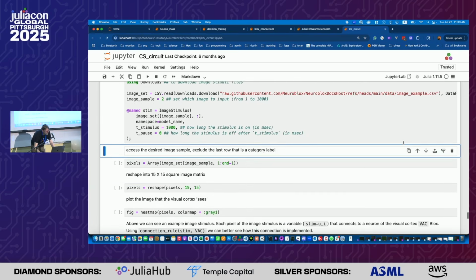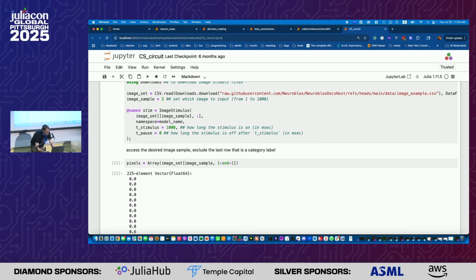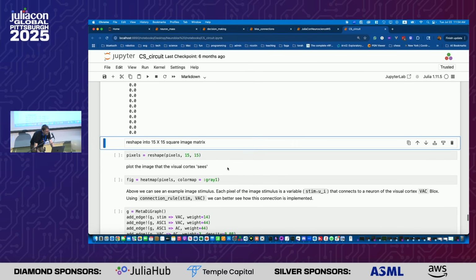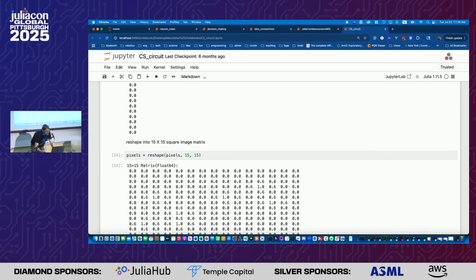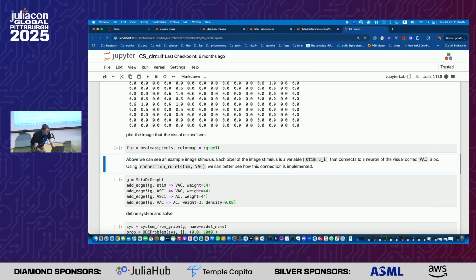And then we are creating the pixels. So this is one example. We reshape it. I just want to show you how one of these images looks.